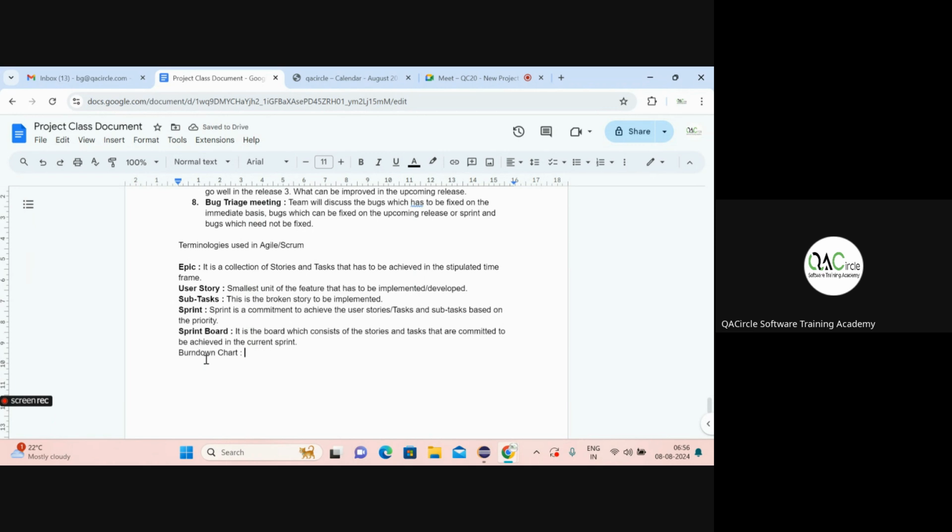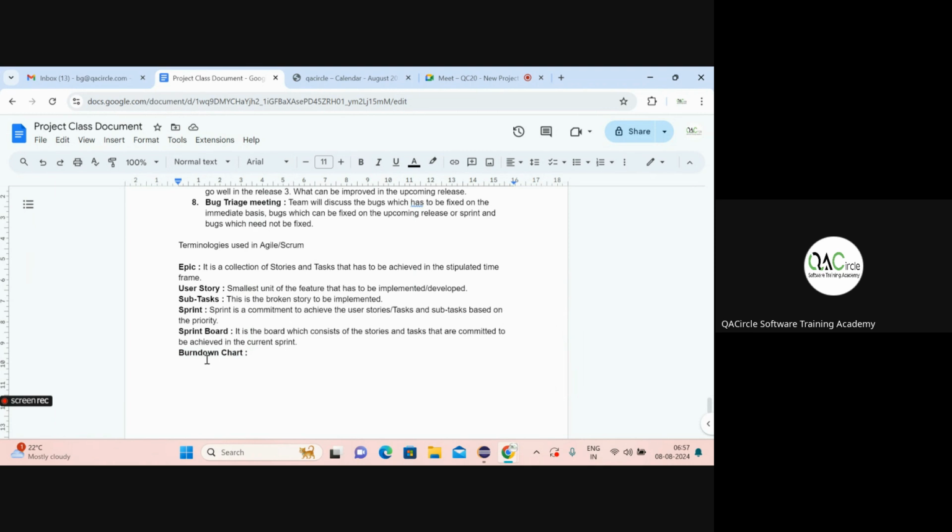This burn down chart will represent the number of committed stories which are achieved in that particular sprint. Whatever commitment we give in a particular sprint, through this burn down chart we will be able to understand which of the committed stories are achieved in the current sprint.